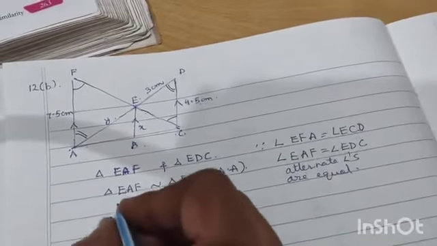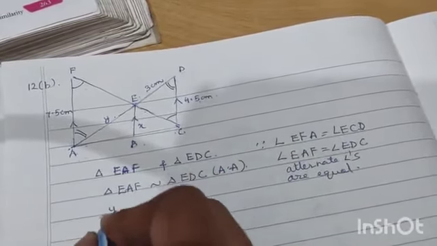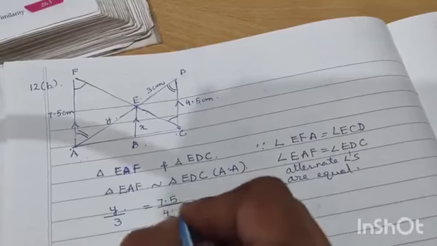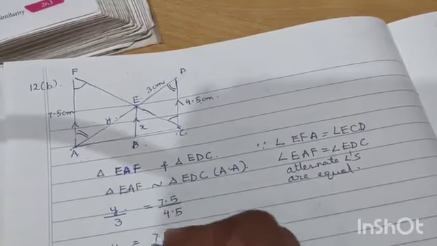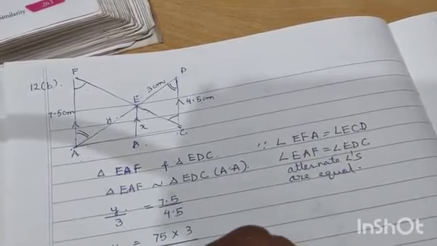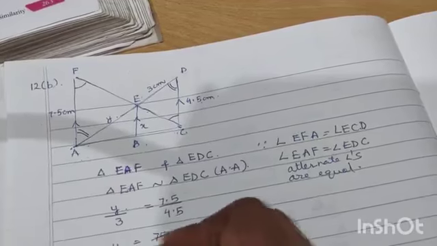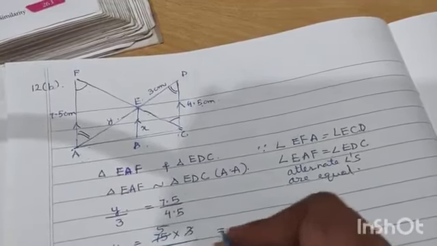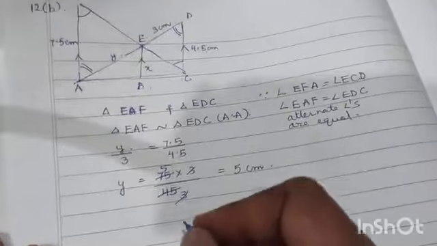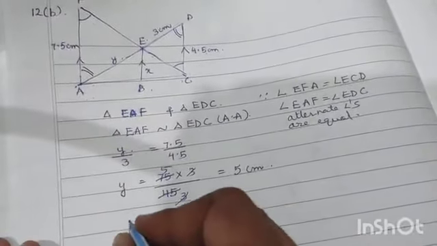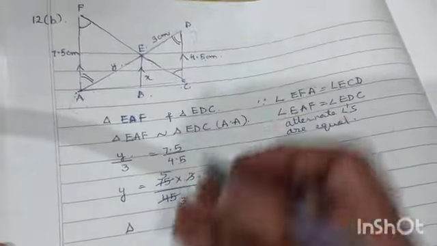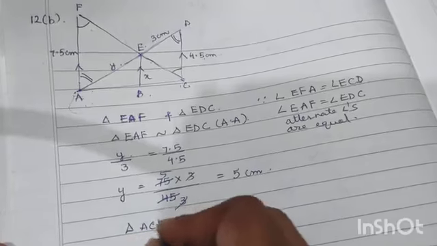So the ratio of the sides follow, that is y by 3 is equal to 7.5 by 4.5. So we get y is equal to 75 into 3 by 45, which on simplification we get 5 centimeter.